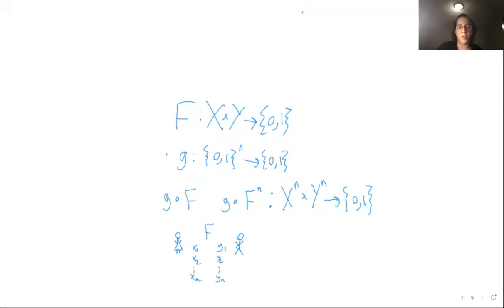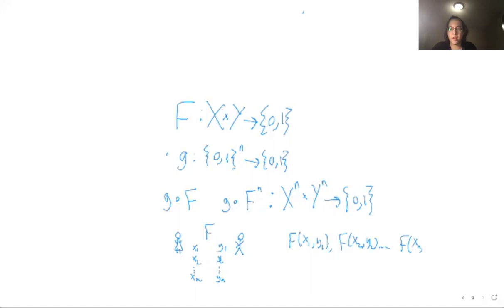So Alice is going to get n of them instead of a single input. And what they're going to want to do is first compute f of x1, y1, and f of x2, y2, up to f of xn, yn.